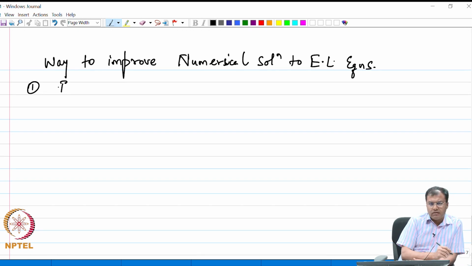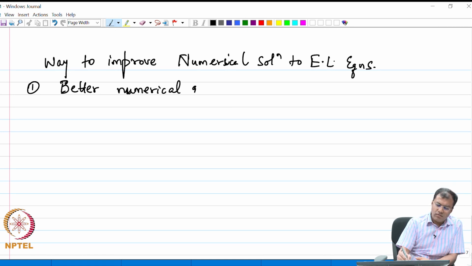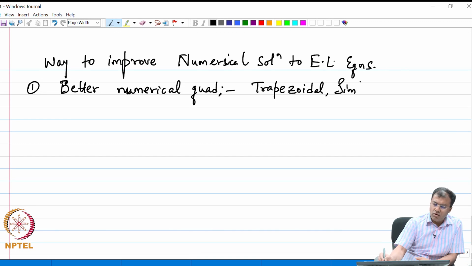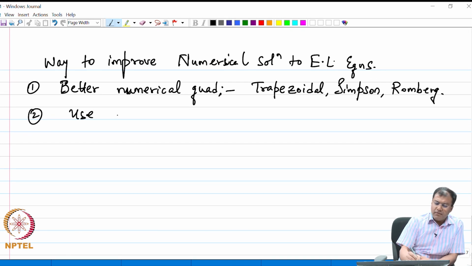That is the standard suggestion, but some of the non-standard suggestions are to use better quadrature rules. Here we have just used the rectangle rule to change the integral into a summation. So, we could use better numerical quadrature, like trapezoidal, or Simpson's rule, or even higher order quadrature like the Romberg rule, or we could use adaptive grids.